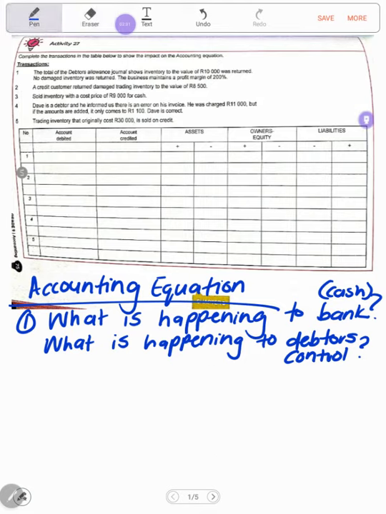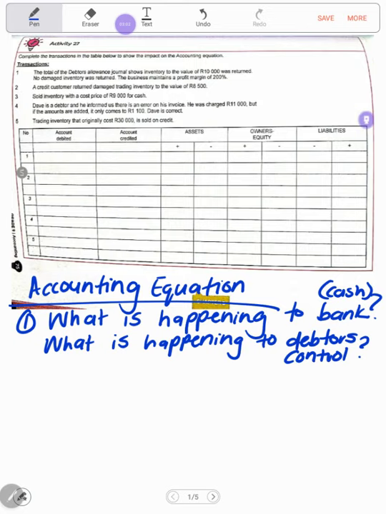Then I want to draw your attention to page number 74, which is the page before activity 27. They give you an explanation of how to post the credit sale transaction. When a debtor pays his account, meaning the person who owes the business money, what is happening?